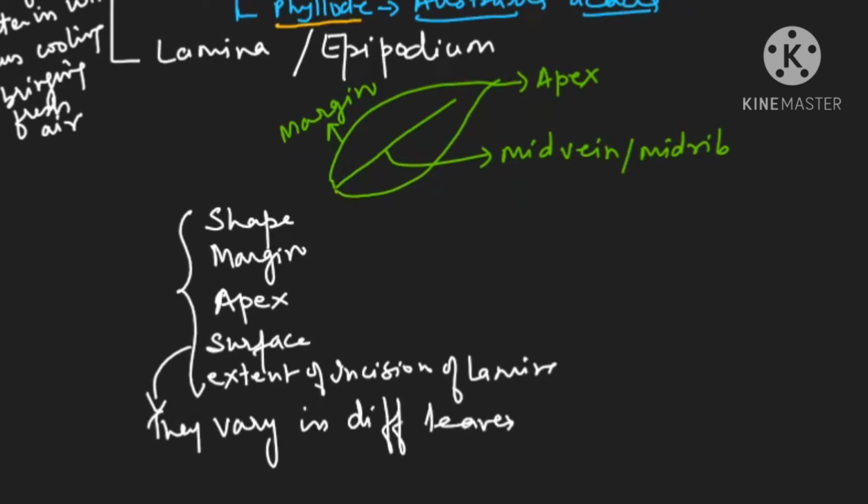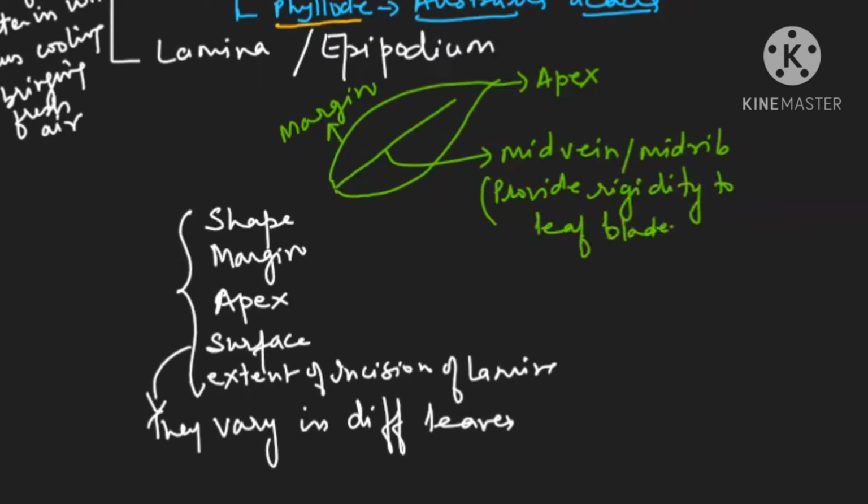Now one more thing, please focus. What is the function of the midvein? I'm just writing it here: it provides rigidity to the leaf blade. Leaf blade means lamina, okay?